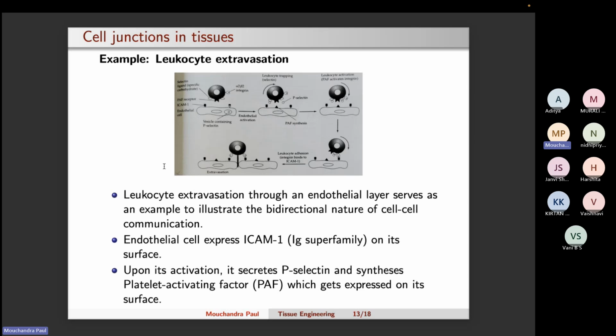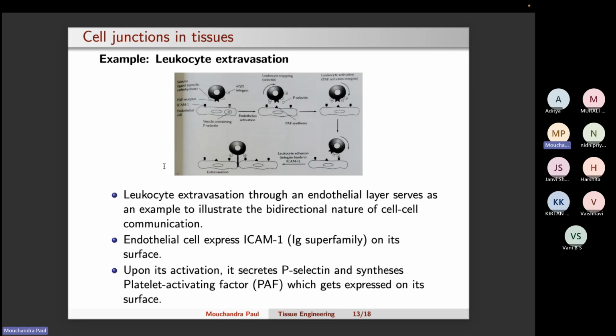Endothelial cells form a continuous lining and make up the blood vessels. So these white blood cells flowing in the blood have to interact with these endothelial cells, and only when a certain kind of interaction takes place can the leukocytes pass through between two endothelial cells.